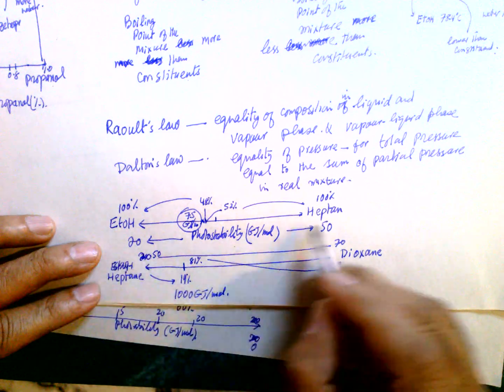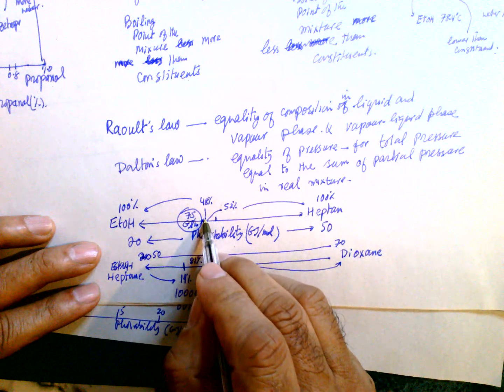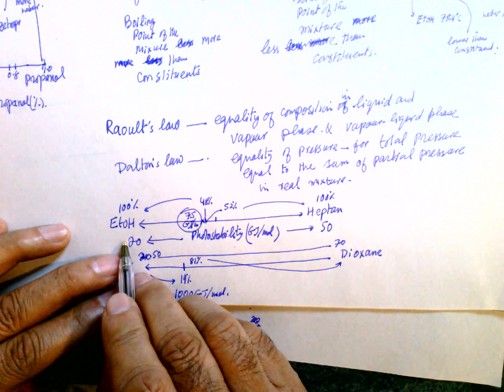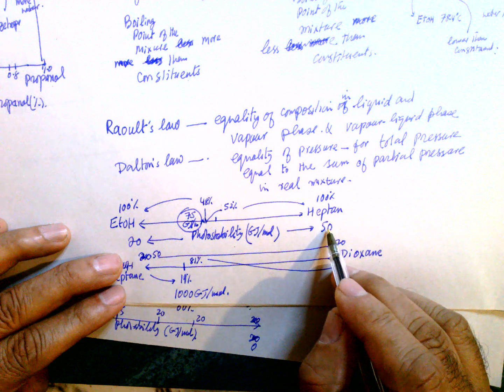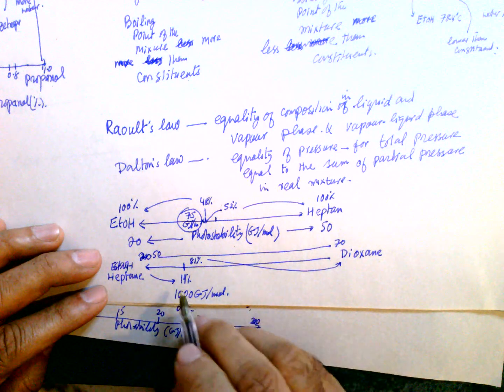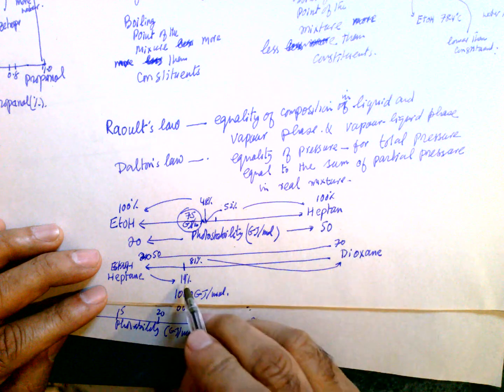So ethanol 100%, heptane 100%. In between, at this concentration, what is happening? So photostability is 20 of ethanol, 50 of heptane, but 50 or 70.